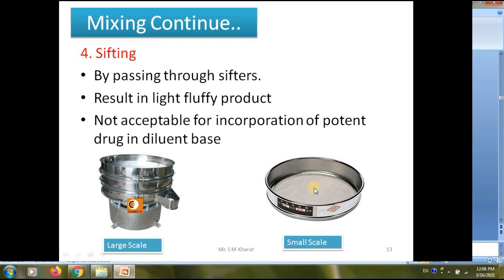So firstly, the smaller particles move down through the sieve, and we obtain particles of uniform size below the sieve, and we sort out the larger particles at the top.